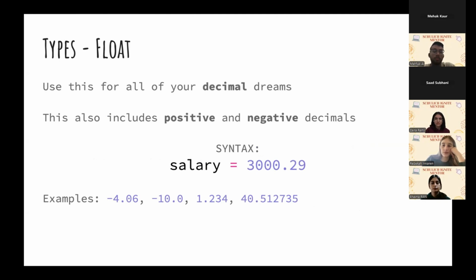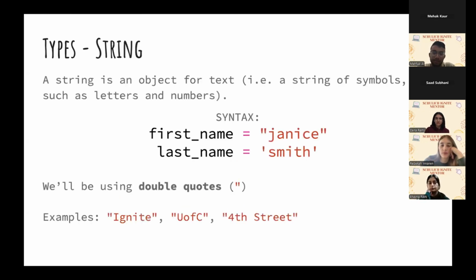This includes both positive and negative numbers with decimals. For example, -4.06 is a float, 1.234 is a float, 40.512735 is a float. Any number with any number of values after the decimal place is a float.